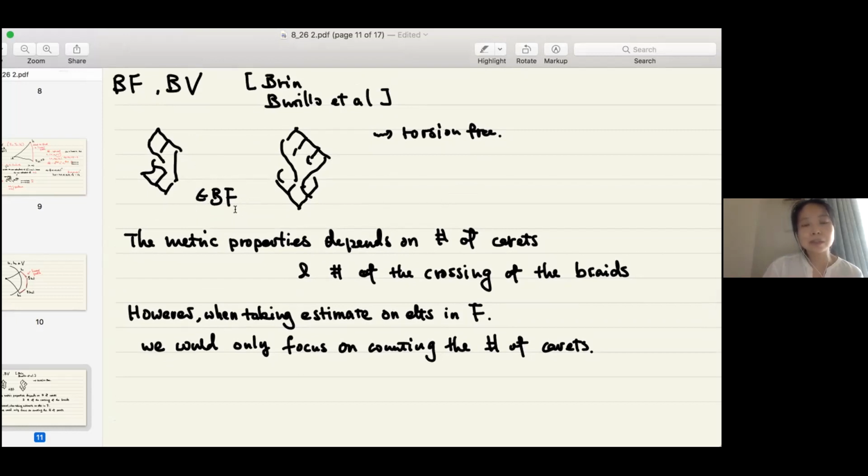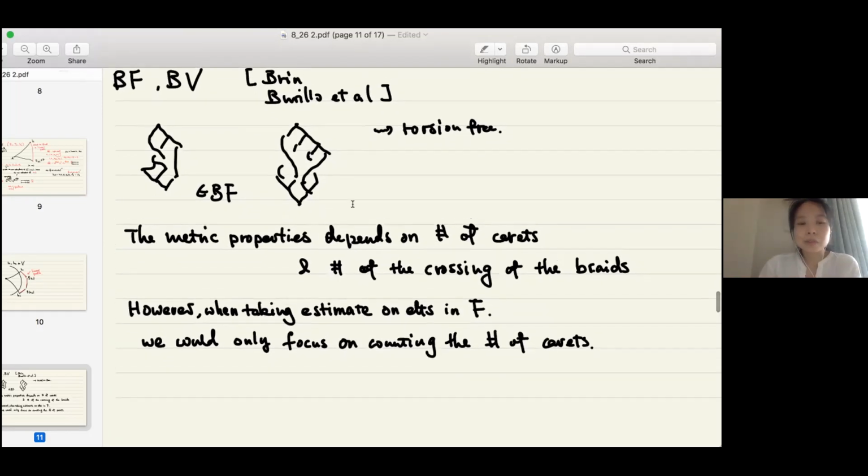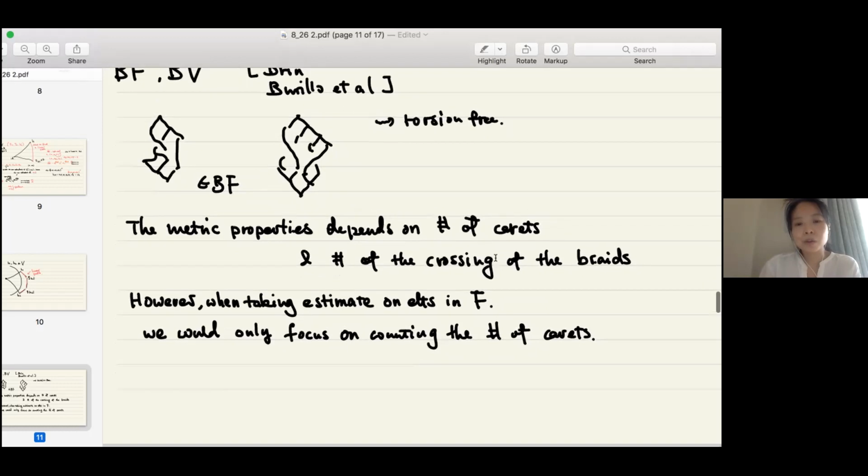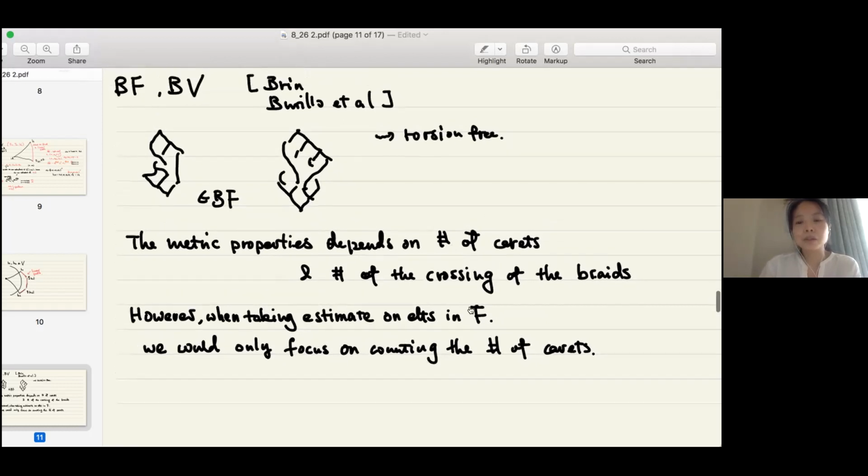One is generalized from Thompson's group F, and the other is from Thompson's group V. By looking at the metric property, it's a bit more complicated, because the word length depends not only on the number of carets, but probably also on the crossings of the braids. But still, we can use the same trick using F as an estimate.